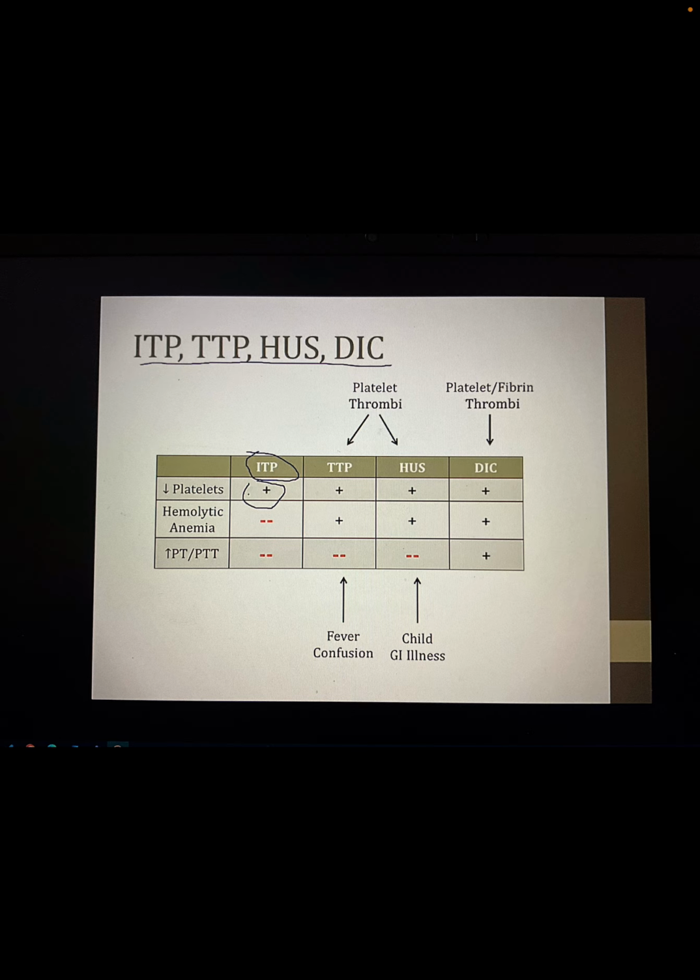And other than that, HUS, hemolytic uremic syndrome, would be a child presenting with bloody diarrhea. So there would be some kind of GI illness, and there would be acute kidney injury, creatinine and urea problems would be there, and there would be fewer platelets. There would be hemolytic anemia too, but there would be no increased PT and PTT levels also.